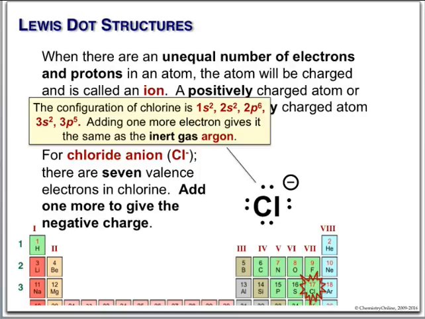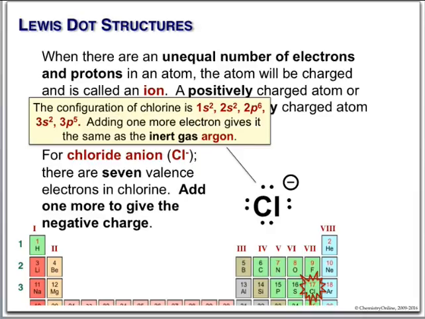Now, what has happened here? Chlorine has 7 valence electrons here in group 7. We've added one, right? This makes it look like it's a group 8. And remember what our group 8 was? We call those inert gases.